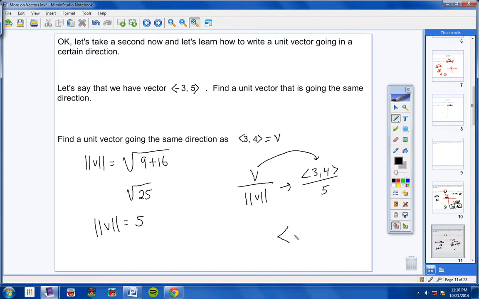So here's my answer, 3/5, comma, 4/5. And there we go. This is a unit vector. If you were to find the length of this vector, it would be 1. And this is a unit vector that's going in the same direction as this vector here.